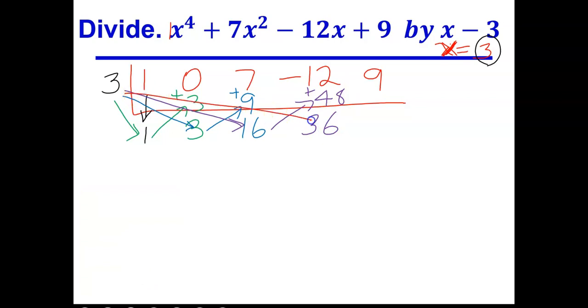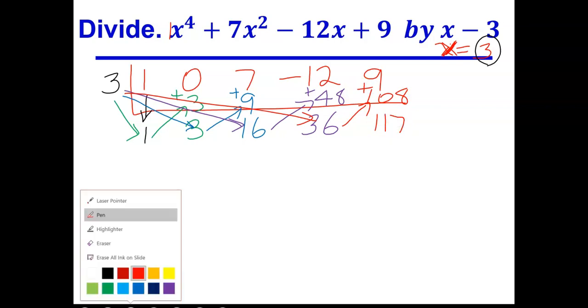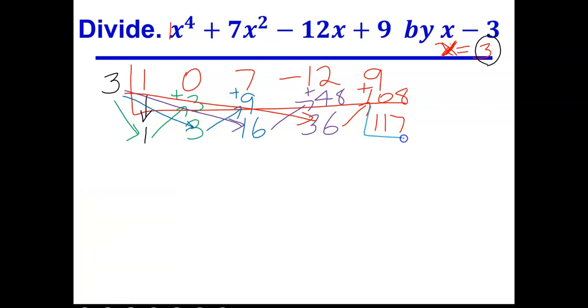And then we do the same again. 3 times 36 gets 108, we add, we get 117. So this last one is the remainder.